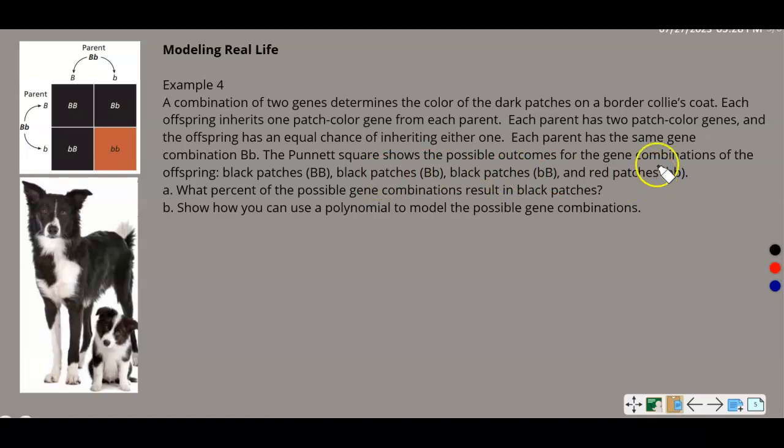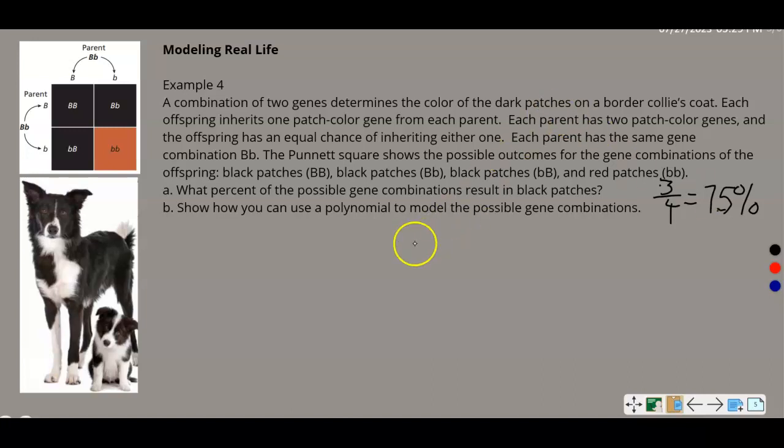So if we do 3 out of 4, as a percent, that is 75%. So 75% results in black patches. So you can safely say that there are more possibilities of a border collie having black patches than not.